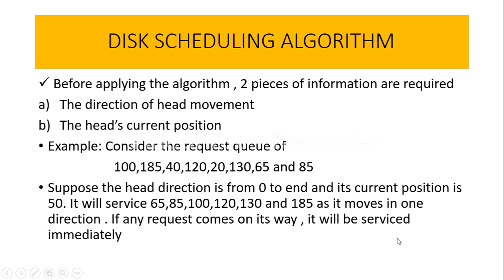So let us understand this one. Already here I have given the way in which it is going to process all the tracks which are on the right hand side of track number 50. That means it is going to process 65, 85, 100, 120, and 130, and 185.